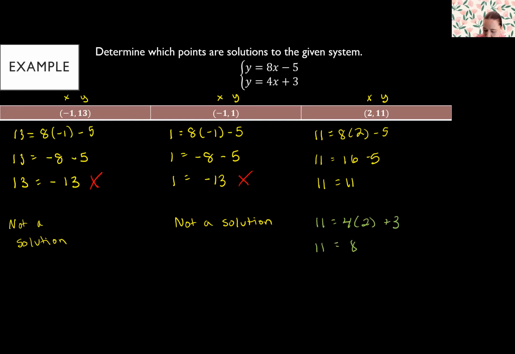So 4 times 2 is 8. And then 8 plus 3 is 11. So we get 11 equals 11. So it works in the first equation and it works in the second equation. So since it works in both, it is a solution.